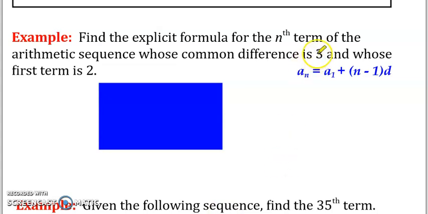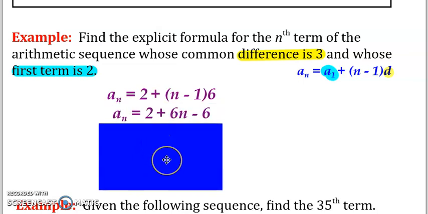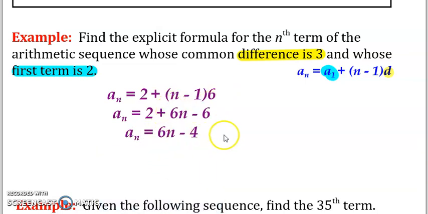So our common difference is 3, that's the d value. And the first term is 2. So first term is a 1. So here's what the initial setup would look like. Now we'll distribute the 6 in there, and then we'll combine like terms, so a -6 and a +2. So 6n minus 4. That is my explicit formula.